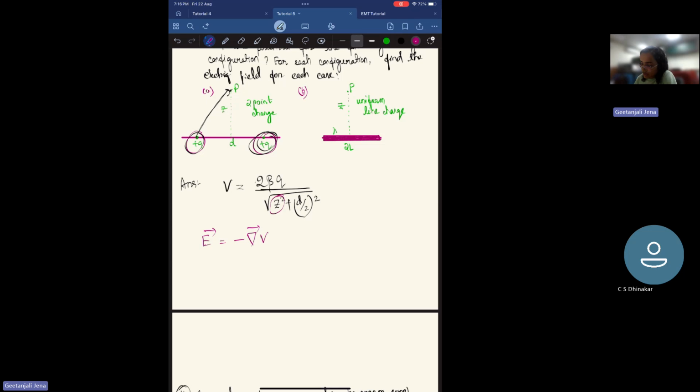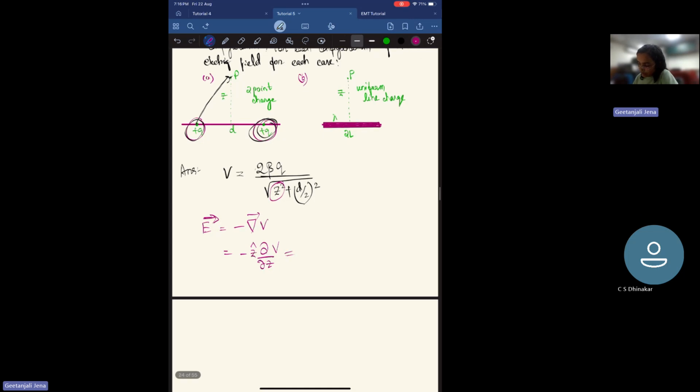You can see there is a variable z here, so that means this will be z cap, dou by dou z of V. You can cross check the answer you are getting here with the answer we got before, to check whether it is giving the same expression.